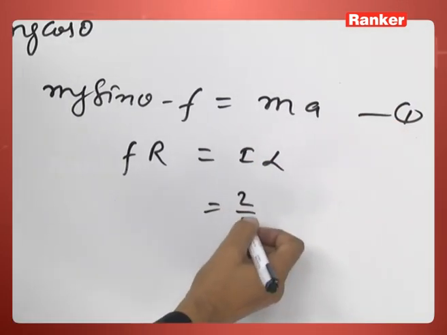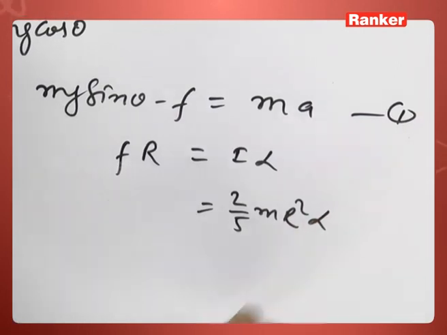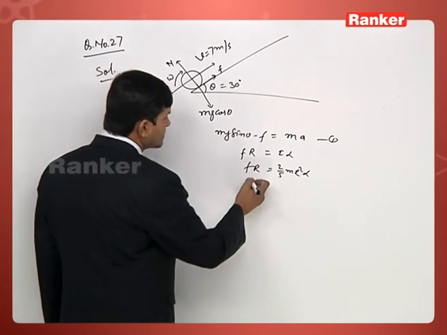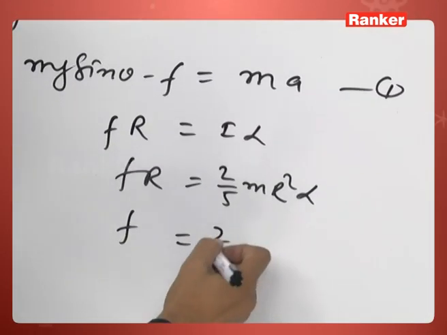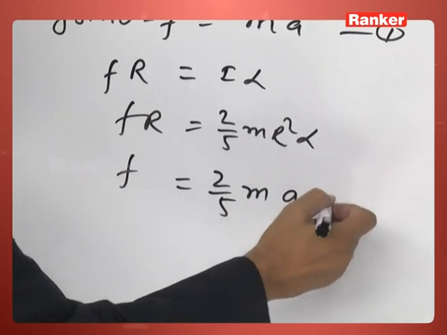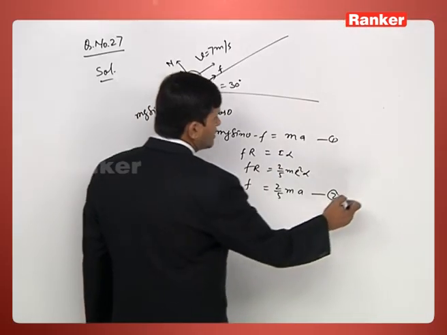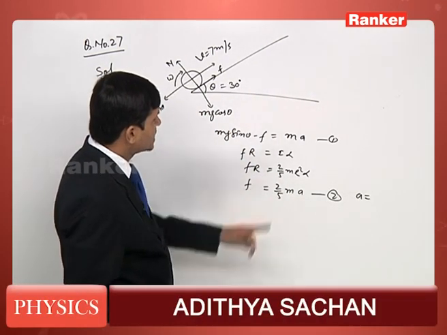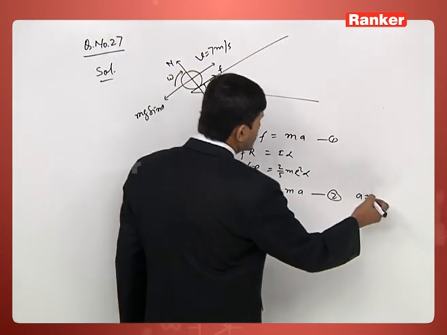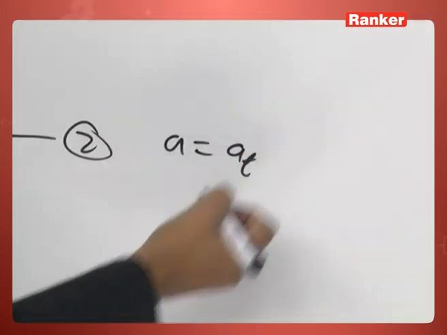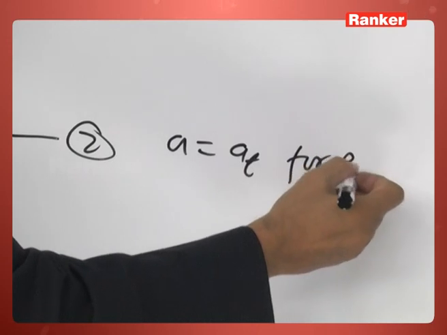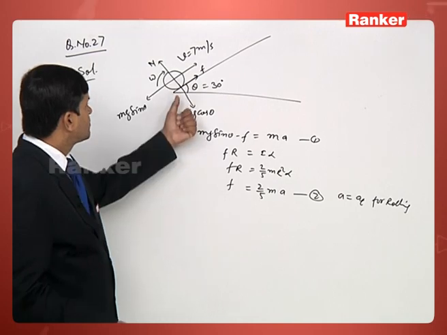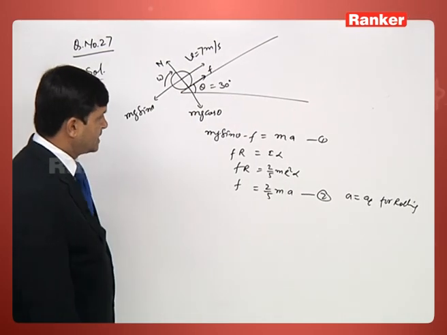I value 2 by 5 mr square into alpha. For rolling, f is equal to 2 by 5 ma, where a is equal to, right now we can write a is equal to a tangential for rolling, so that the velocity of the point of contact should not change.